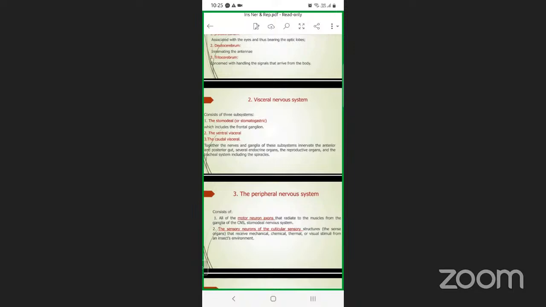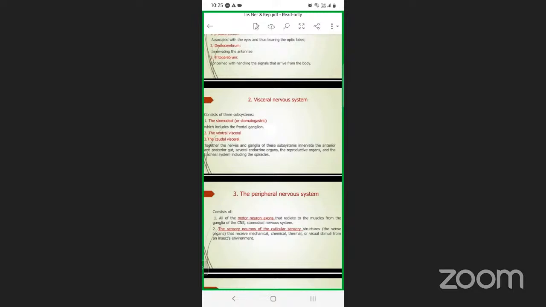And also we will talk about the visceral nervous system. In the visceral nervous system, we will explain about the two endocrine glands which play an important role, the corpora cardiaca and corpora allata, connected with the nerves to the hypocerebral ganglion.